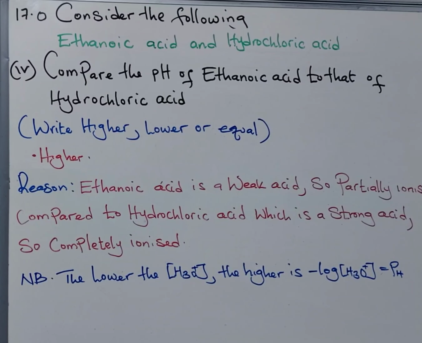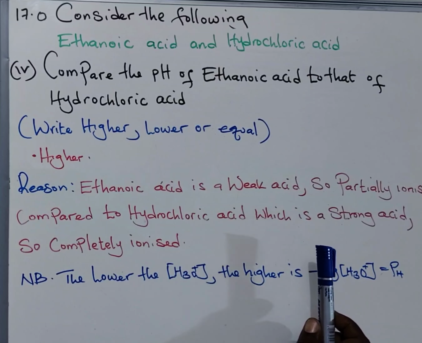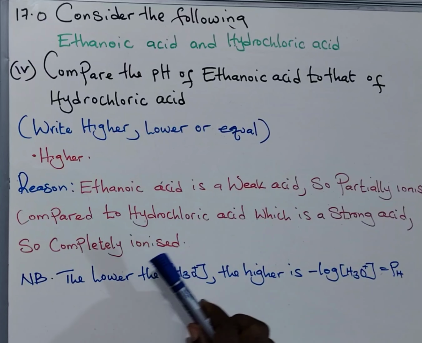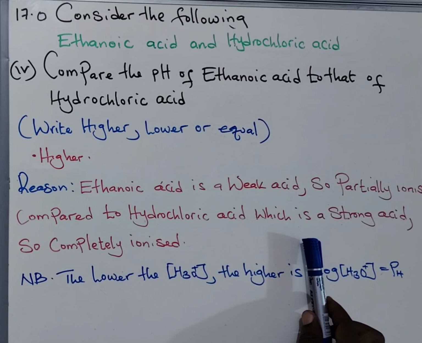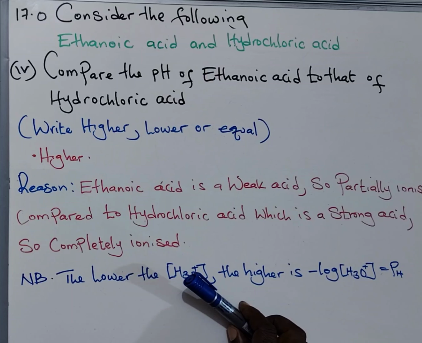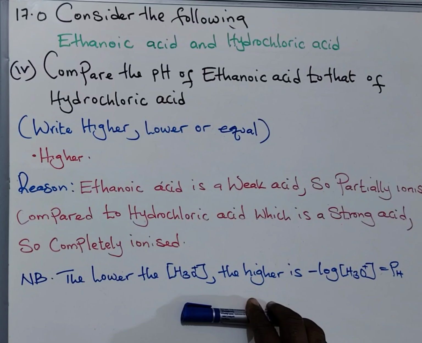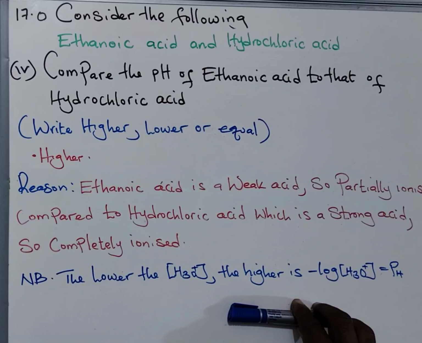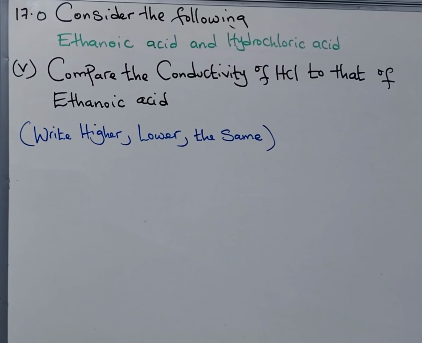Reason being that ethanoic acid is a weak acid, so partially ionized, compared to hydrochloric acid, which is a strong acid, so completely ionized. So you have to remember that the lower the hydronium ion concentration, the higher is the negative log of the hydronium ion concentration, and the negative log of that number is the pH.